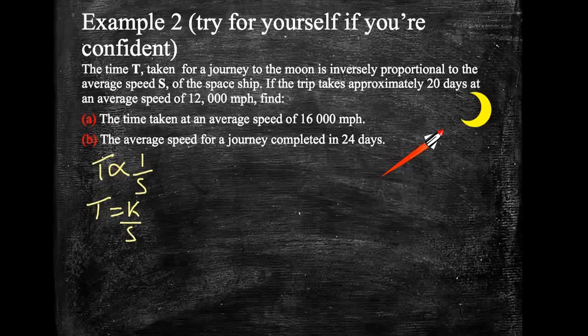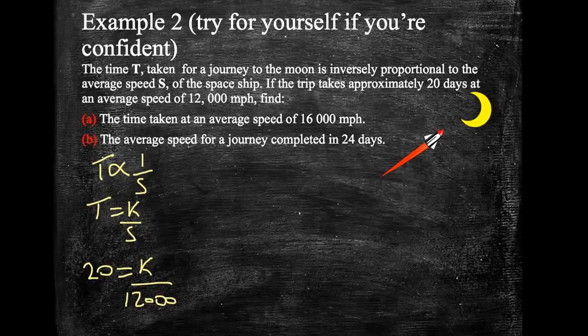Let me keep going. If the trip takes 20 days, so t is 20, equals k over 12,000. Okay, let's see if we can work out the other stuff. Well, first of all, I need to know what k is.